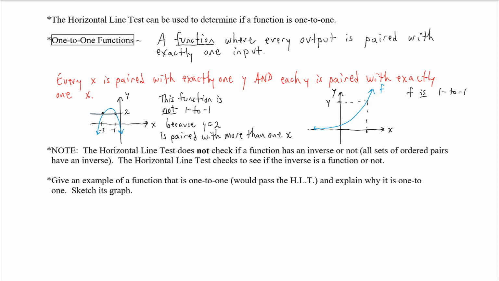So this y value here, y1, is paired with x1, and it's not paired with anything else. Each x is married to one y, and each y is married to that one x. It's a monogamous relationship. And that's true for every single point on that graph. Now, why do I care? The horizontal line test checks to see if the inverse is a function or not.